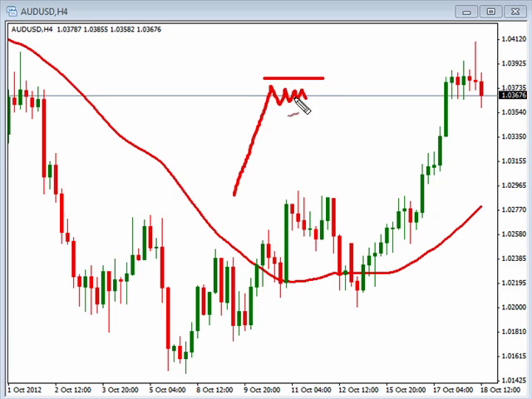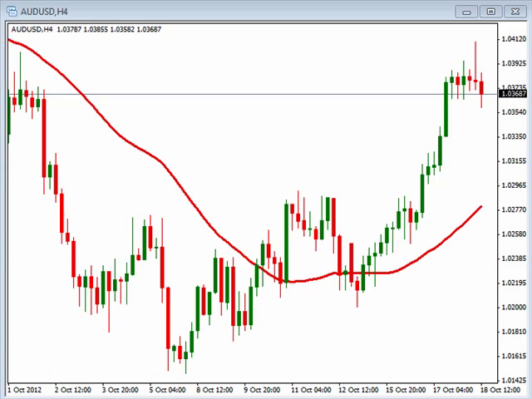Moves sideways, and that sideways movement can be actually sideways, could be a little bit of a pullback, could be even up slightly, where the movement is just quietly moving to the right. And that's what we're seeing here: we had this strong move up, and now it's just sitting, moving sideways. So we want to wait for that to pull back a little bit for us to be able to get into the trade at a better point.